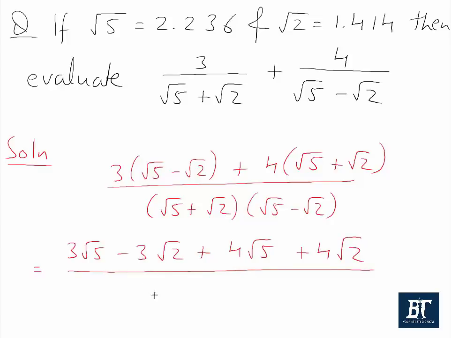This whole divided by, this will become root 5 square minus root 2 square. So this will add to give 7 root 5, and this will give you plus root 2. So this equals 7 (root 5 plus root 2) divided by 5 minus 2.